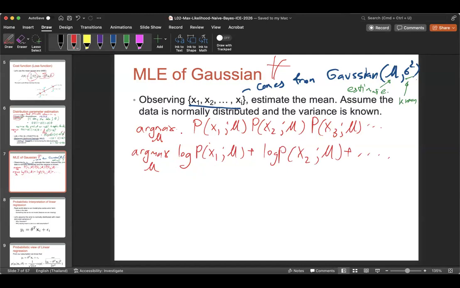Adding the log doesn't change the argmax. This step is usually what people refer to as maximizing the log likelihood.